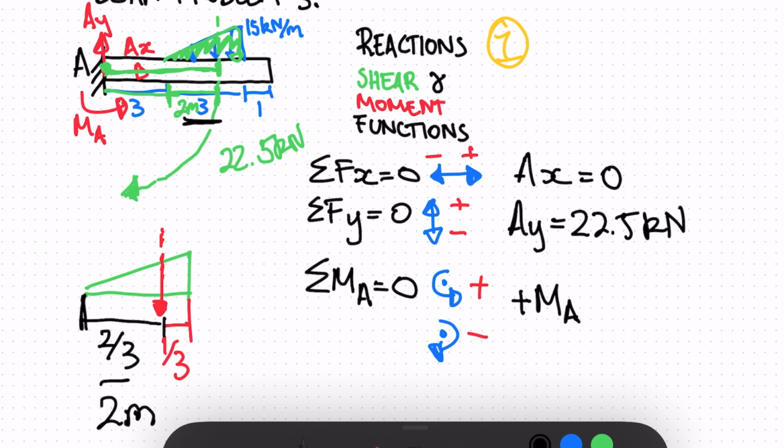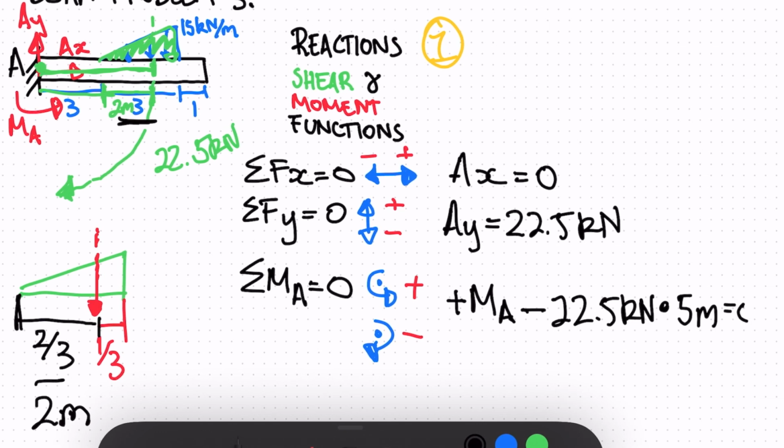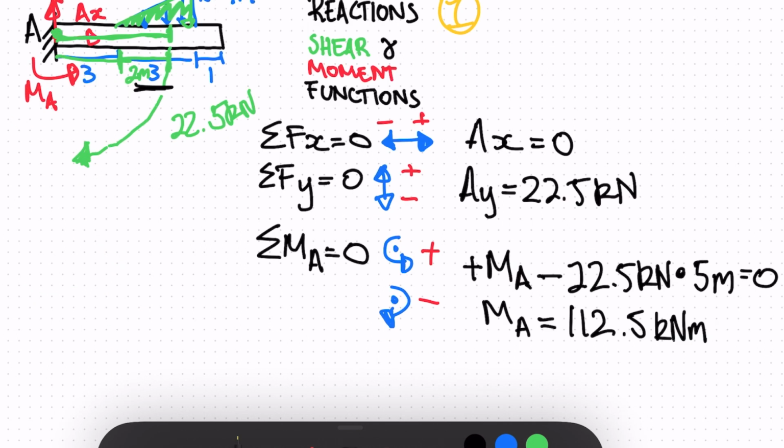The force is acting in the clockwise direction, so minus 22.5 kilonewtons times 5 meters, and that will be equal to 0. So the moment at point A will be equal to 112.5 kilonewton meters.